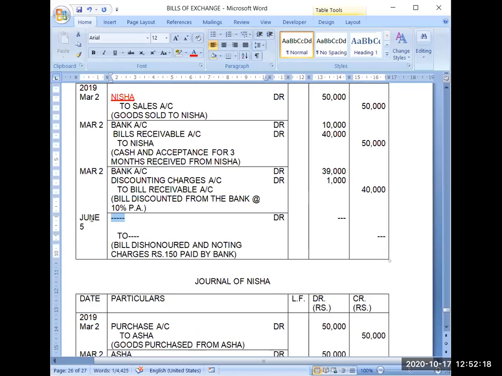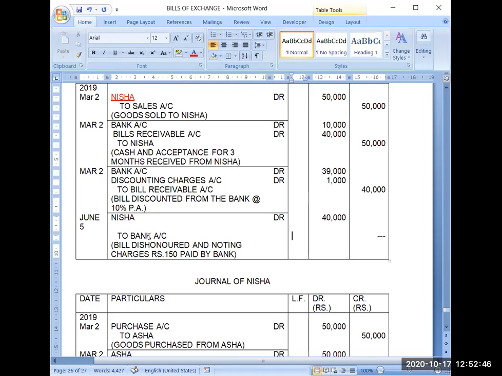Now here the bill got dishonored. So that's why Nisha will again become my debtor. For what amount she will become debtor? She will become debtor for 40,000 right now, but I will adjust noting charges also. I have got this bill discounted, so I have received the money earlier, so I will pay back money as per my promise.